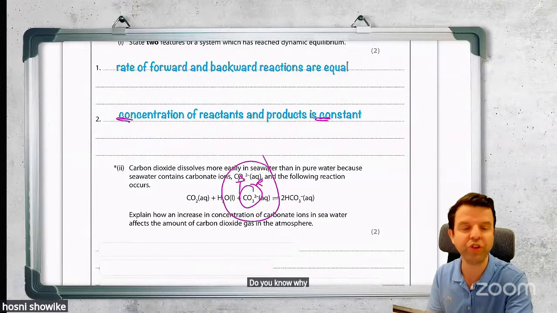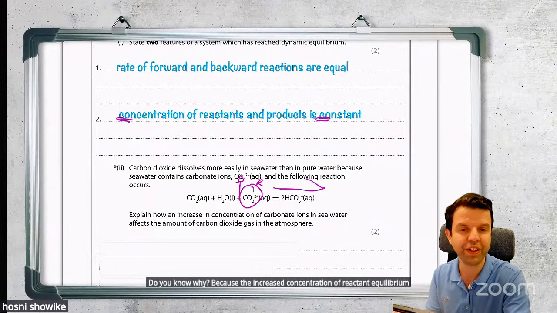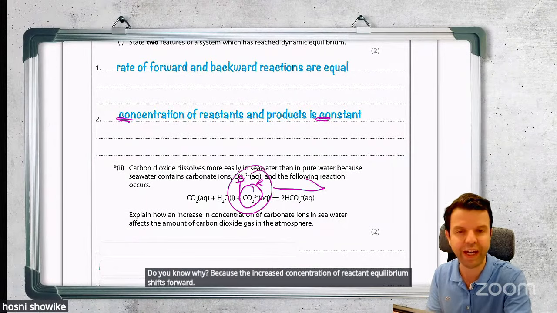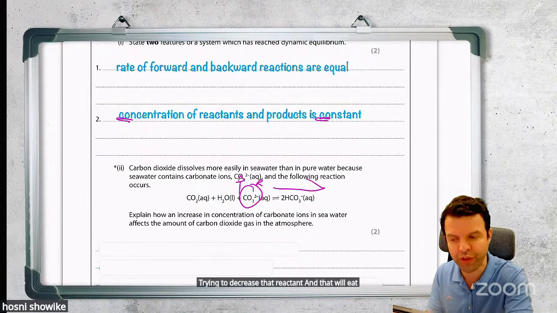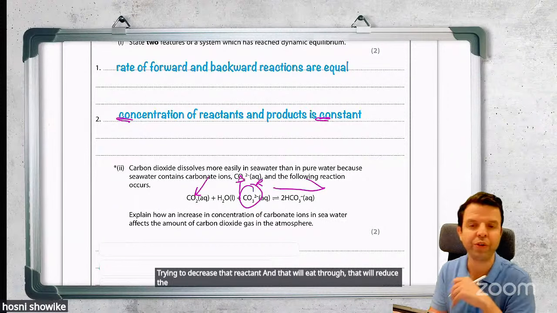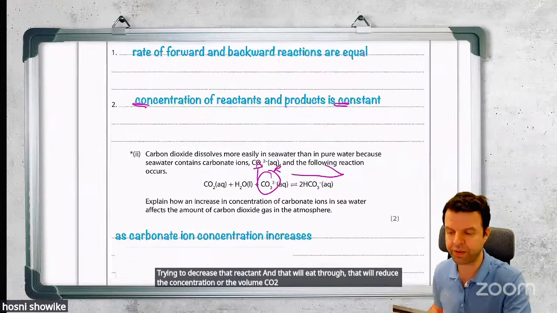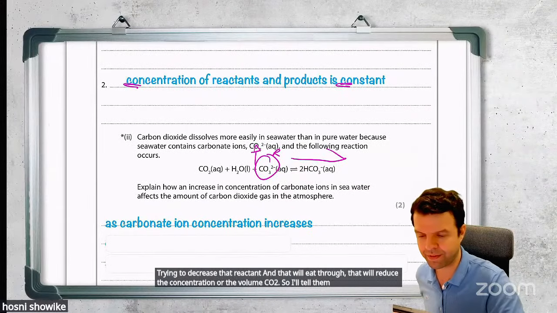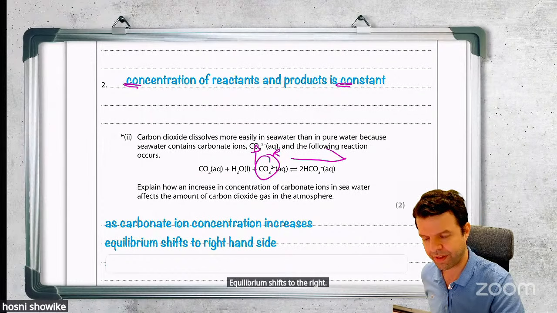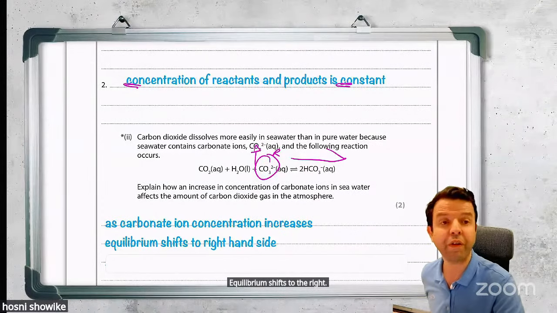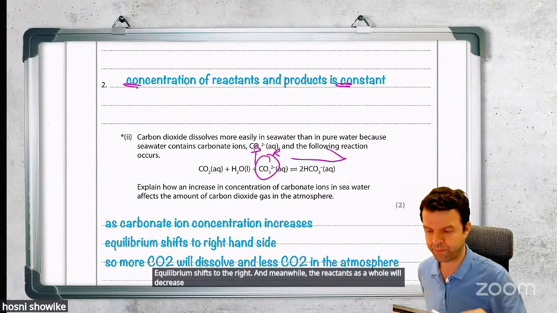Because you increase the concentration of reactant, equilibrium shifts forward, trying to decrease that reactant, and that will reduce the concentration or the volume of CO2. So I'll tell them here, carbonate increases, equilibrium shifts to the right, and meanwhile, the reactants as a whole will decrease. Okay?